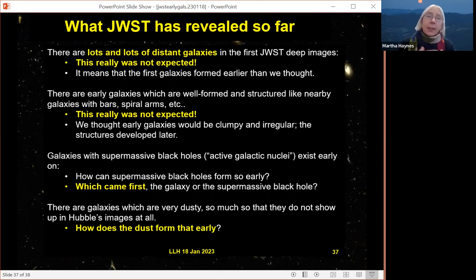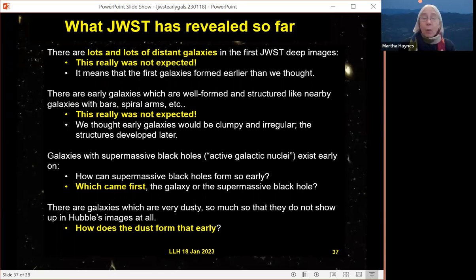I said at the beginning that the early universe, as far as we know, only was made of hydrogen and helium. So where did this carbon come from? We don't really understand at all how the dust formed that early. And that kind of flies in the face of our understanding that life could not exist early on, life as we know it, because it doesn't contain any carbon.